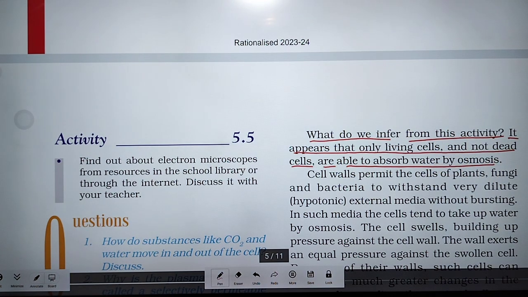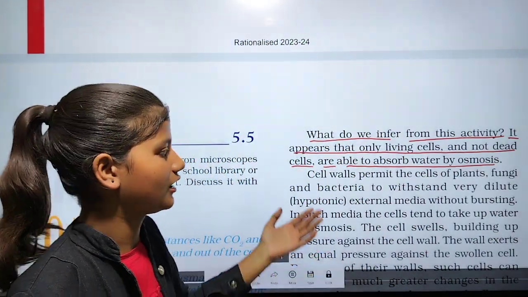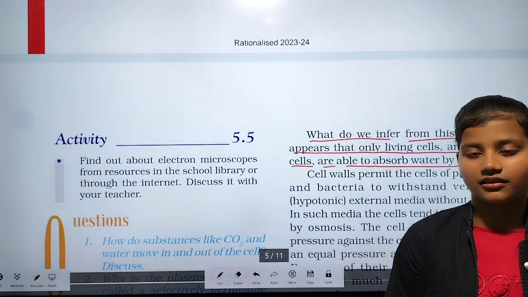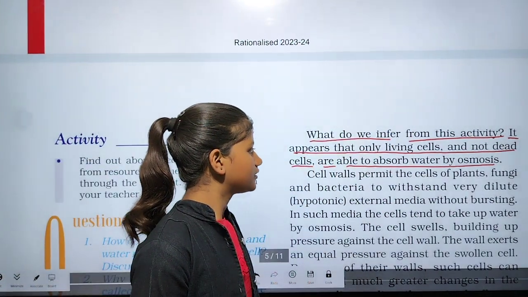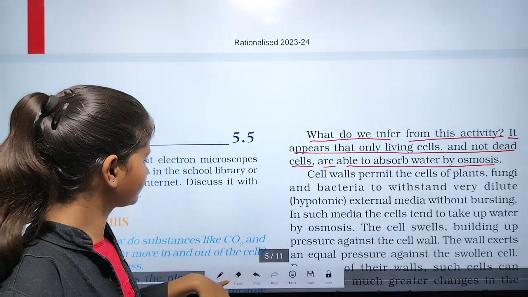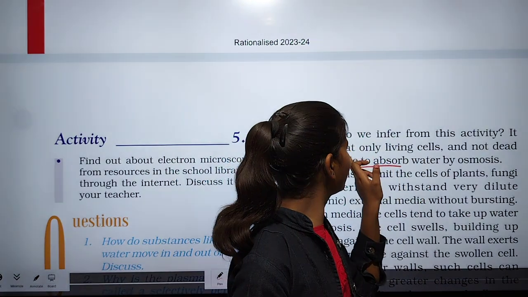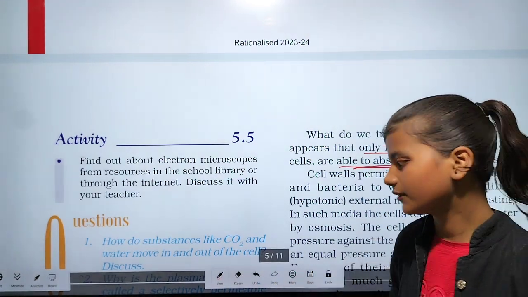It means in the previous activity we observed that only living cells are able to absorb water by the process of osmosis, and not dead cells.